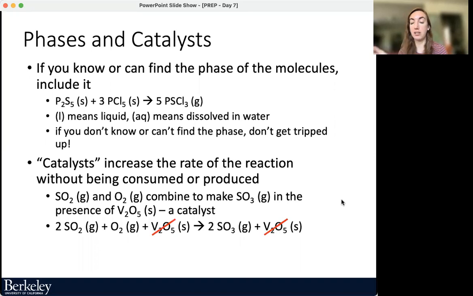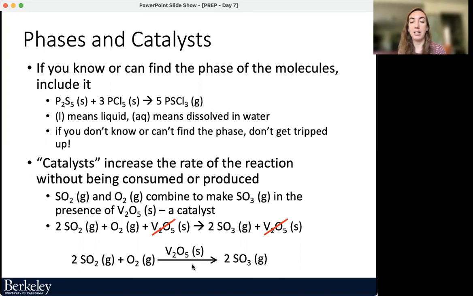And so we can cross those out because they're present on both sides. It's not a reactant and it's not a product. It's just there to begin with and there at the end. The way that we denote that is we put it on top of the arrow. Just like some reactions need heat to proceed, some reactions need a catalyst to proceed. So if you see a species written on top of the arrow, that means that it's not either consumed or produced.